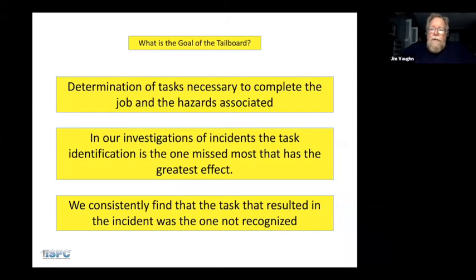But you need to understand that the quality of your tailboard, the quality of your hazard analysis, if you are recording them, that's great. It can defend you and say, we know for sure that our crews are doing tailboards because we have them fill out this form.